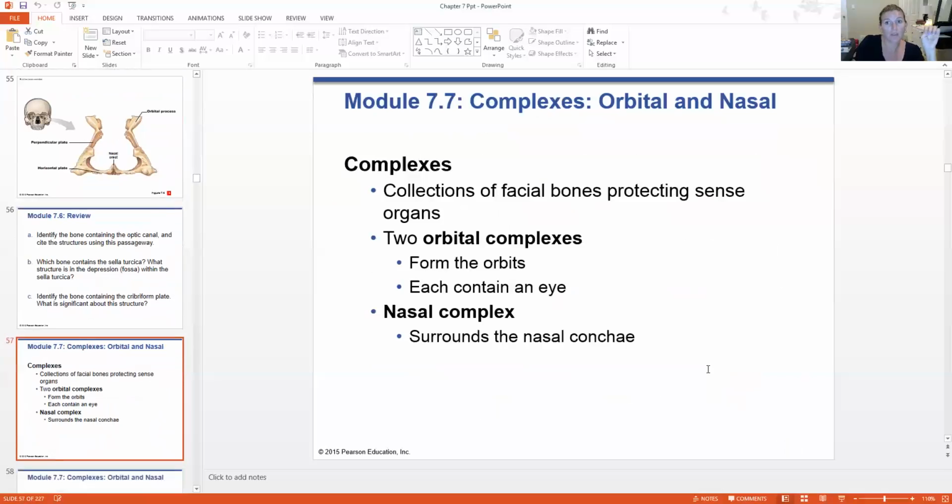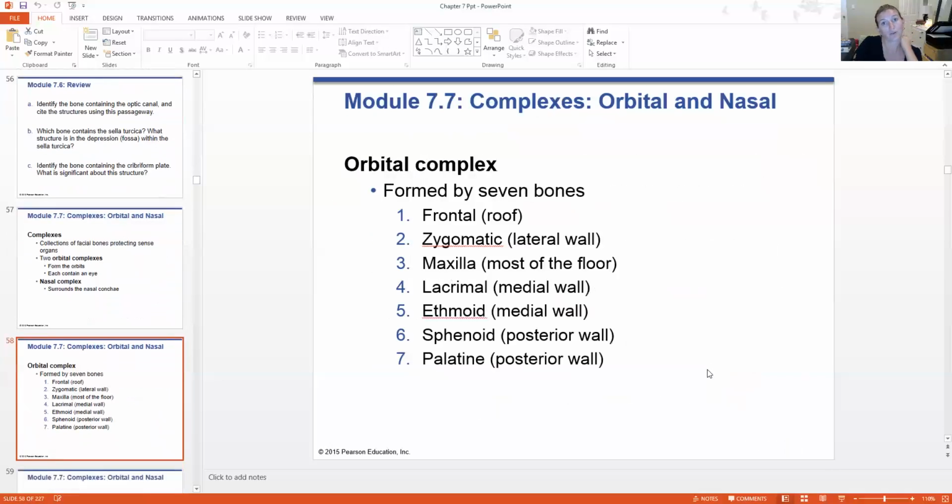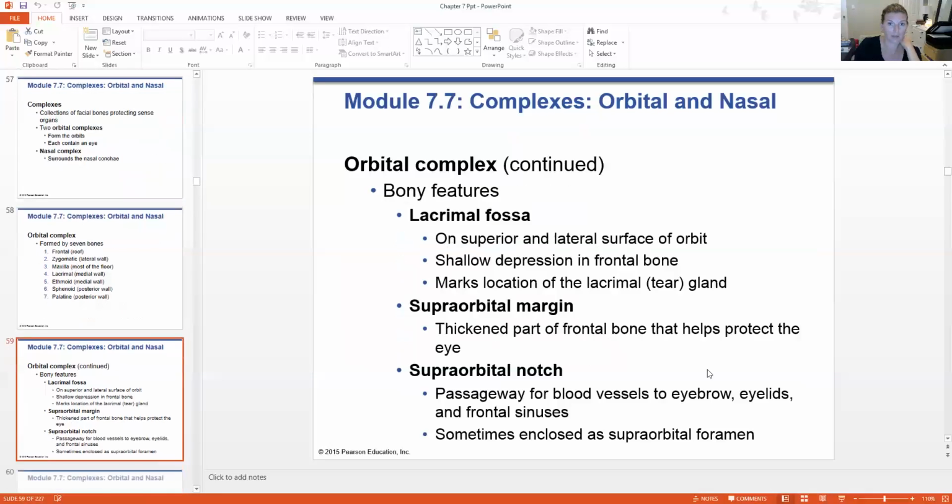Let's talk about the orbital and nasal complexes. The orbital complexes form the orbits of the eye. The nasal complex surrounds the nasal concha. The orbital complex is formed by 7 bones. You should know these: frontal, zygomatic, maxilla, lacrimal, ethmoid, sphenoid, and palatine all make up the orbital complex.